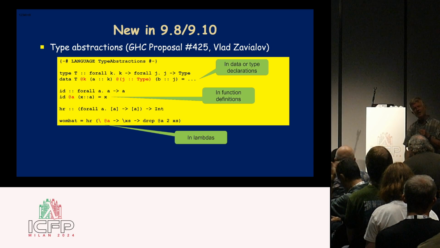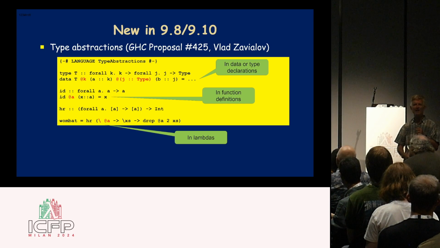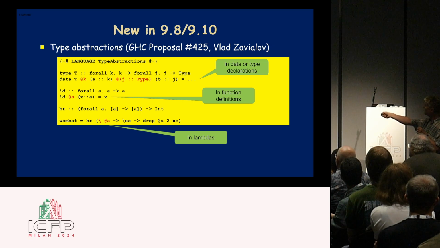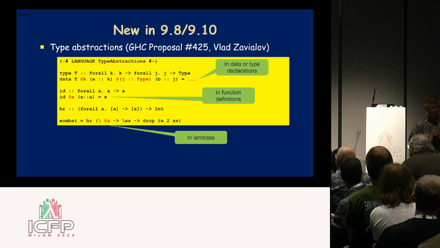But we always knew that was a bit weird, because the type signature could be somewhere else in the module. It doesn't even have to be adjacent. And moreover, it doesn't work very well for things like this higher-ranked argument, where there isn't a type signature at all.